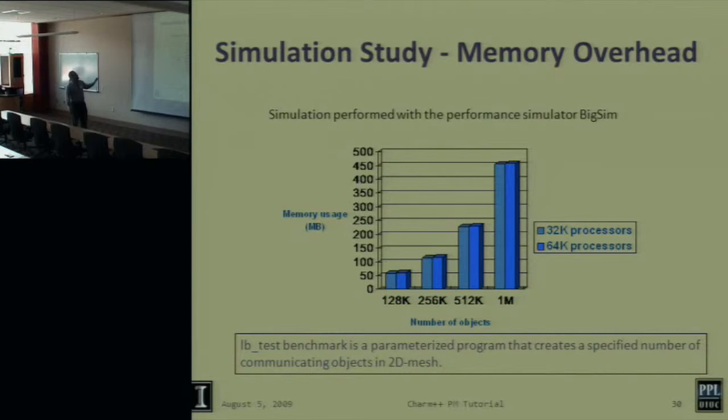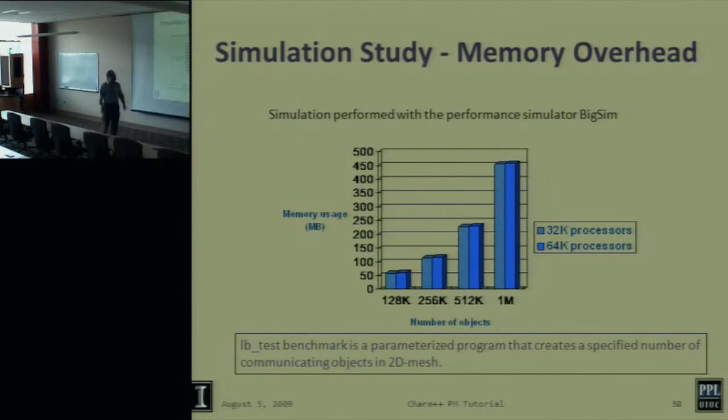So here, we're looking at overheads. Just to give you a visual demonstration of the problem that happens with centralized load balancing. Here, we have memory usage, and here we have the number of objects. It's fairly reasonable with 128,000 objects. But as we go up to 1 million objects, you can see that the memory usage is now peaking over the space footprint that you have per core of BlueGene architecture.